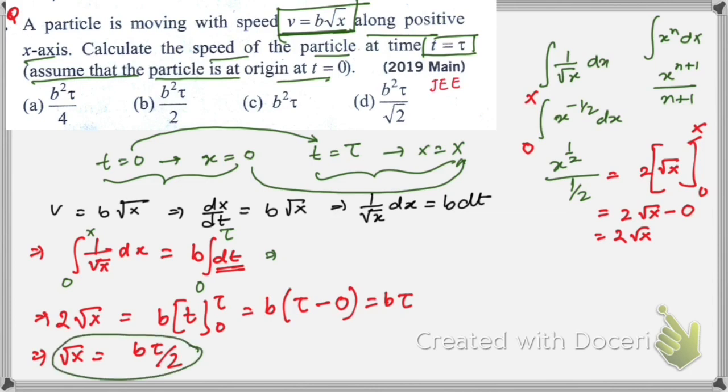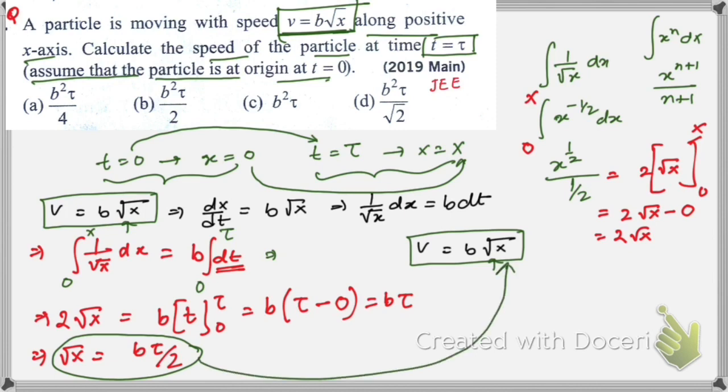Now let us use this value of root x in the relation v is equal to b root x. If you use this value here, then v is equal to b into root x, with root x replaced by b tau by 2.